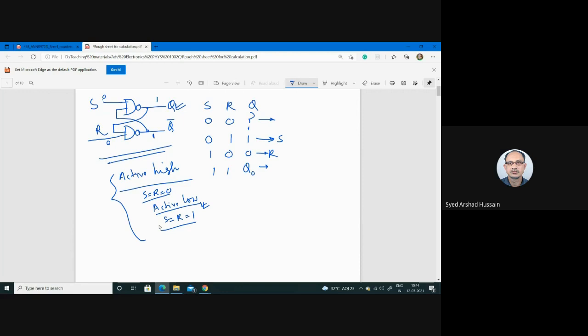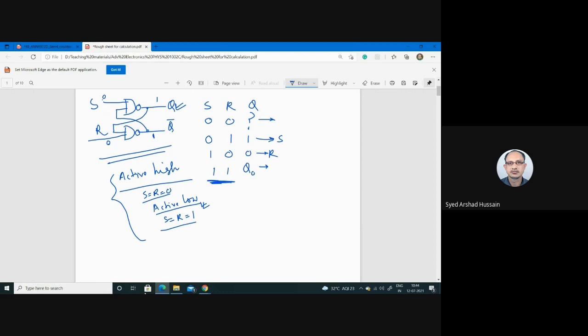Whether your circuit will behave as active high or active low depends on these conditions. Normally we always want our output to be stable and not change in the rest condition unless we want to change it.